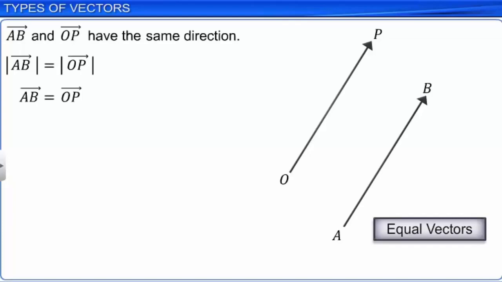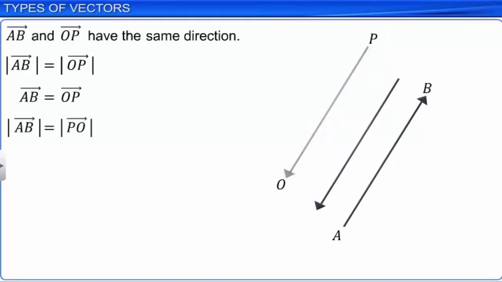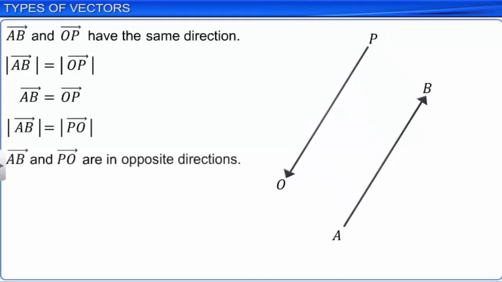Note that equal vectors may have different initial and terminal points. Now, suppose we reverse the direction of vector OP. So now we have two vectors AB and PO with equal magnitude, but opposite directions. Two vectors with the same magnitude but opposite directions are called negative vectors of each other.